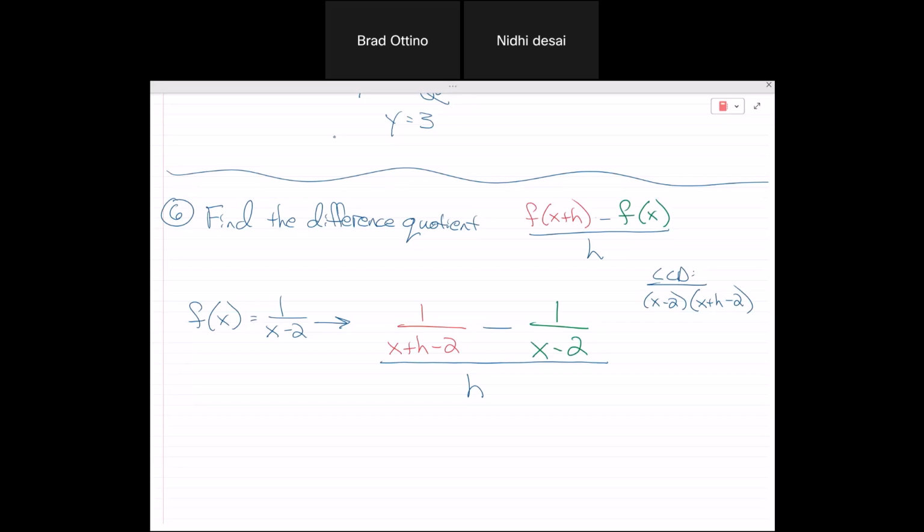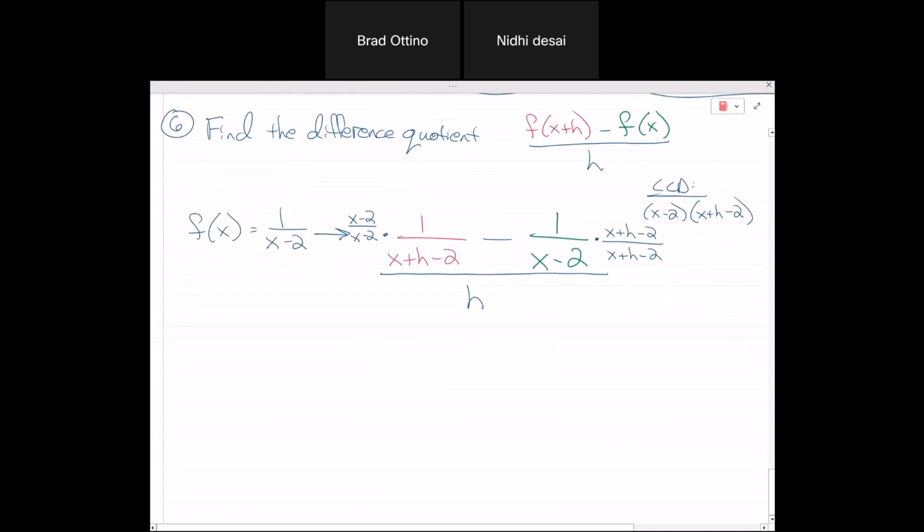So for the first fraction, we're going to have to multiply by x minus 2 over itself. And then for that second fraction, we're going to have to multiply by x plus h minus 2 over x plus h minus 2.